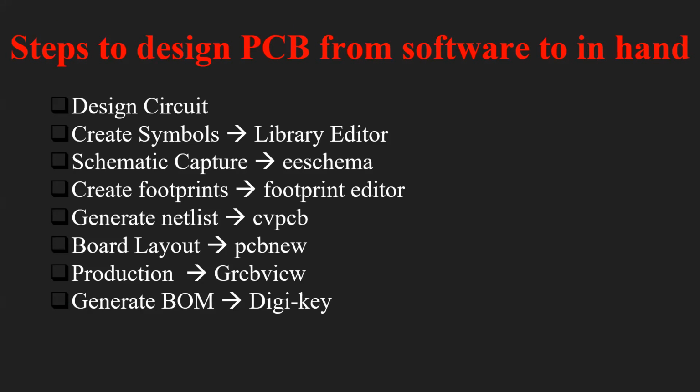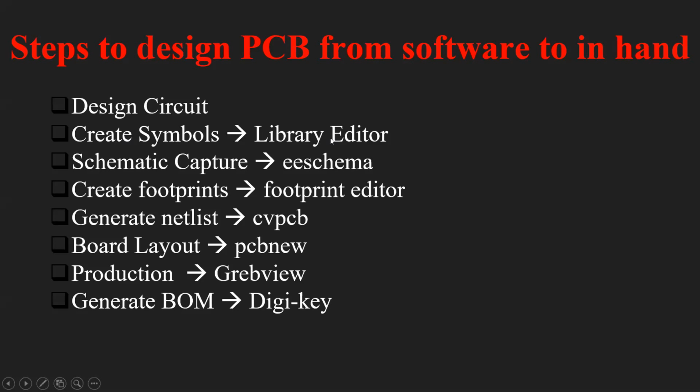So let's move on to the steps to design the PCB from software, from any CAD tool to getting it manufactured in hand. First part is to design the circuit, then create the symbol. If you cannot get a symbol from any external library, then you have to create the symbol using the library editor.